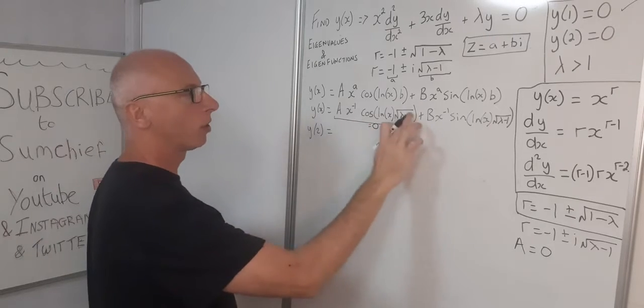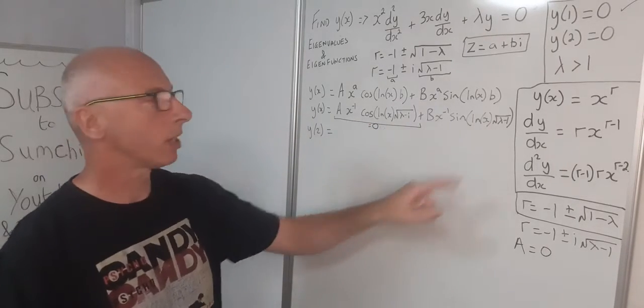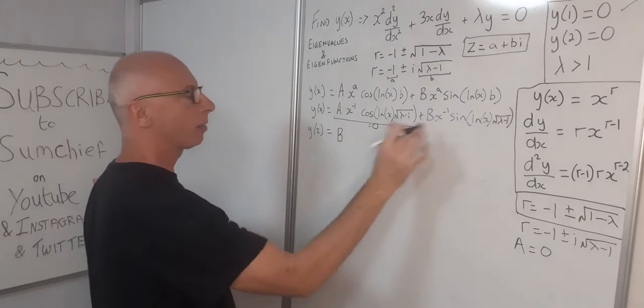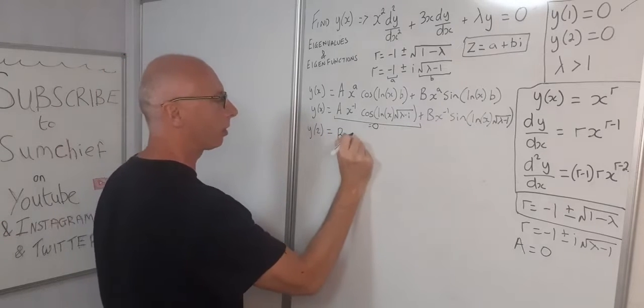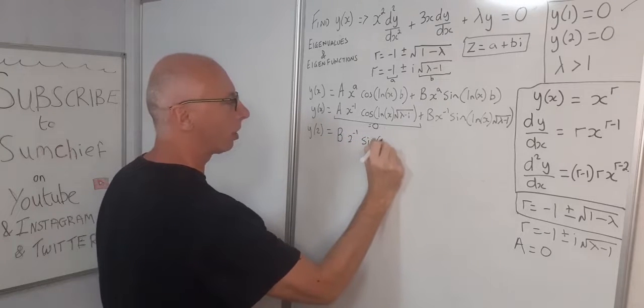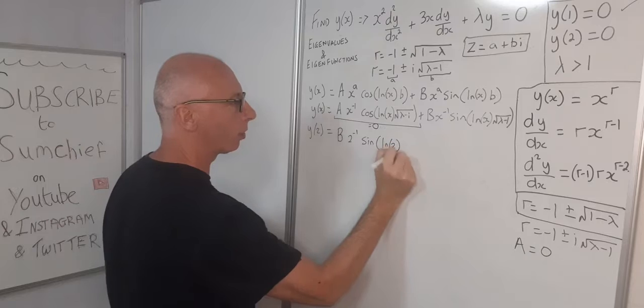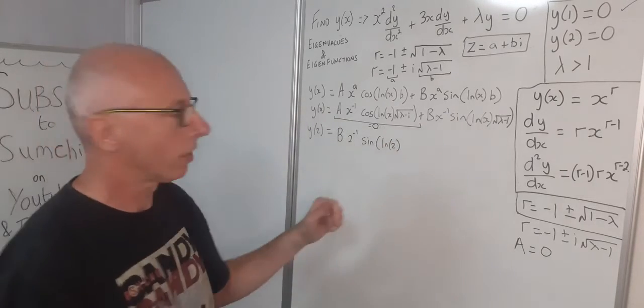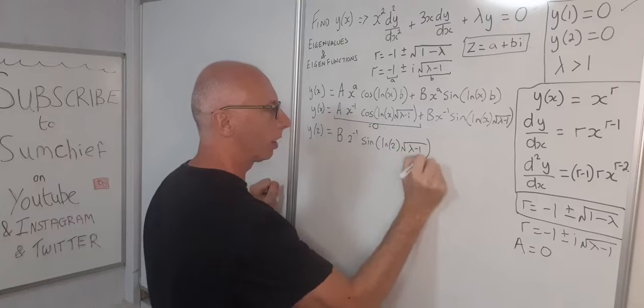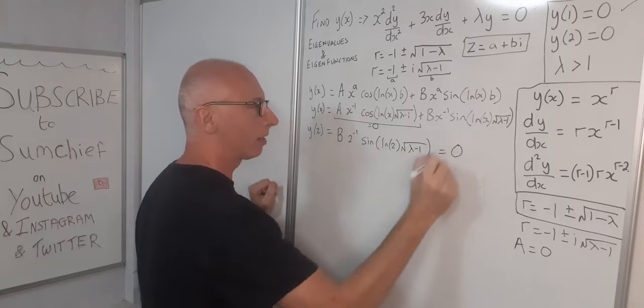So therefore we can ignore this now and go straight into this one. So now we've got b, x to the minus 1, so we've got 2 to the minus 1. And then we've got our sine function, which is natural log of 2, and then square root of lambda minus 1. Okay, and that is set to 0.